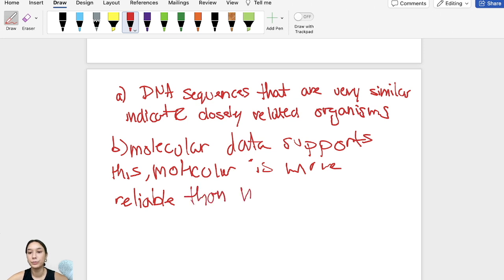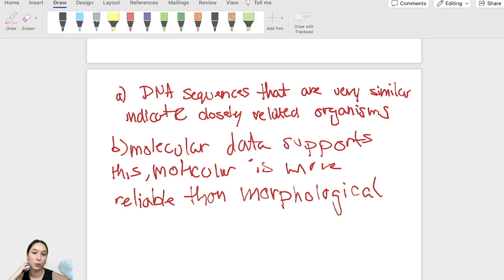Than morphological. I think that's all you had to say for this one. Yeah, it's more reliable, or you can say that morphological isn't reliable because of evolutionary trait relatedness, right? Again, those convergent structures.